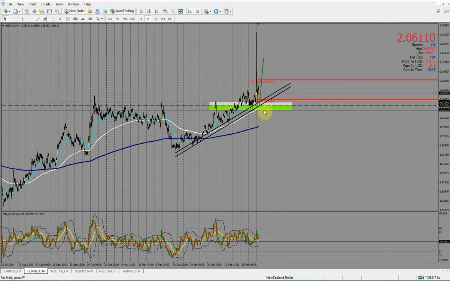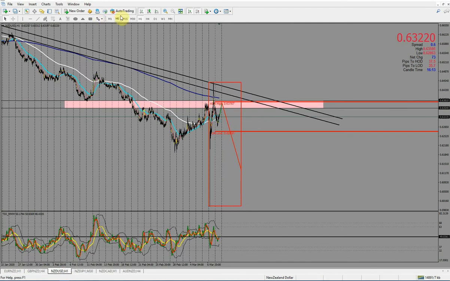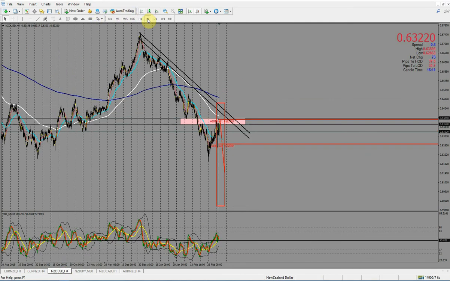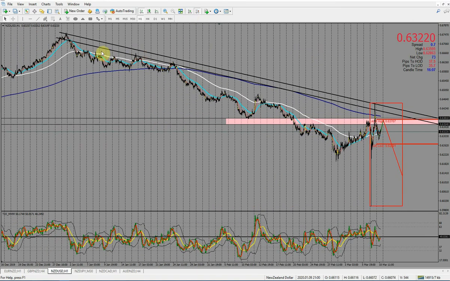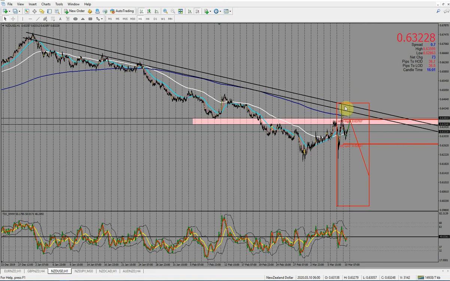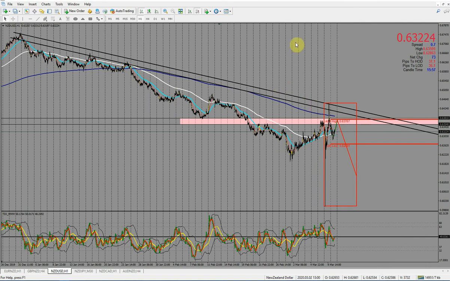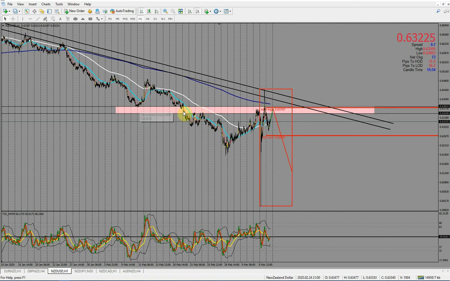So NZD USD, it's also another beautiful potential setup. As you can see, yesterday we got that retest on that trend line, the outer trend line. There's 1, 2, 3. The first touch came here yesterday, which is the potential high price of this month. As you can see, there's also first touch, second touch, third touch, fourth touch, potential head and shoulders.